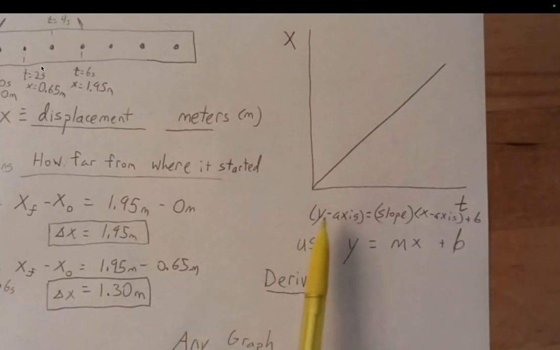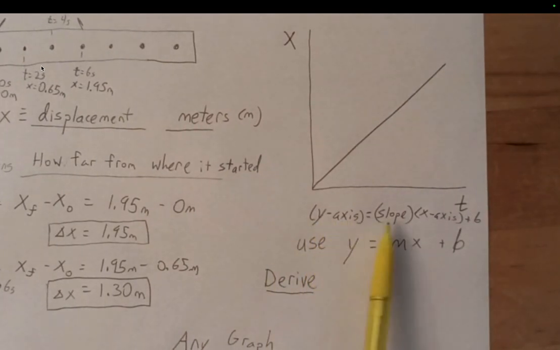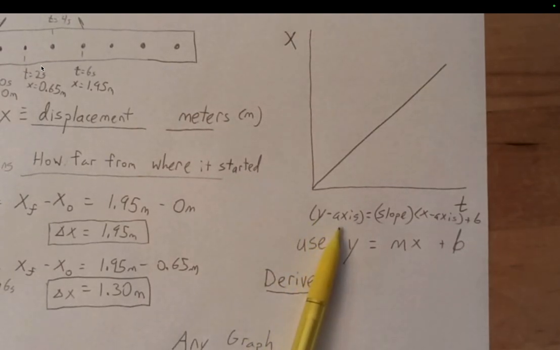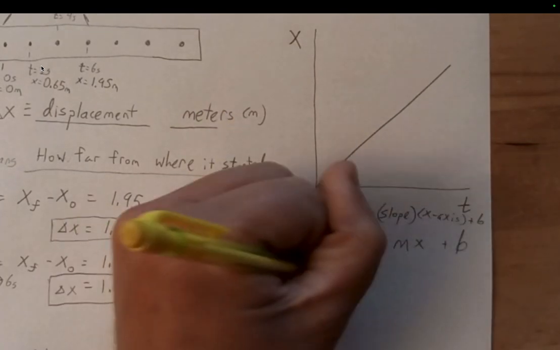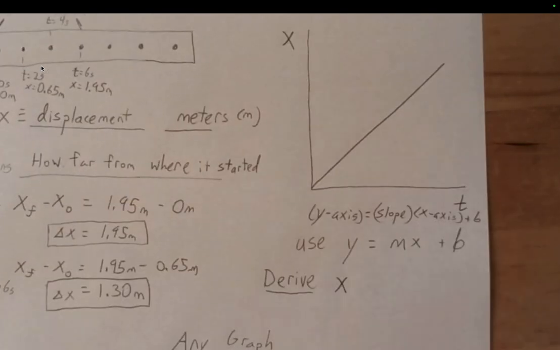So we are going to have a y-axis. It's equal to a slope times an x-axis, and this y-intercept, that's where we start. That's where we start at time equal to 0. So on our y-axis, we have position.